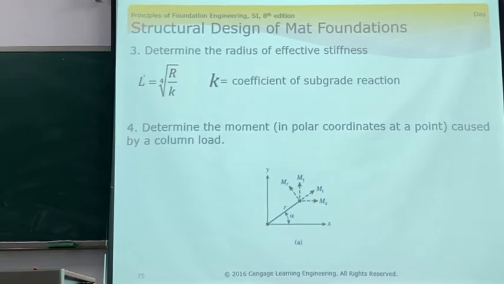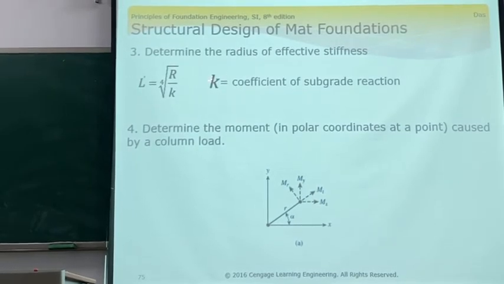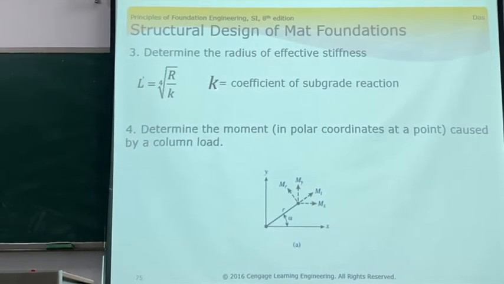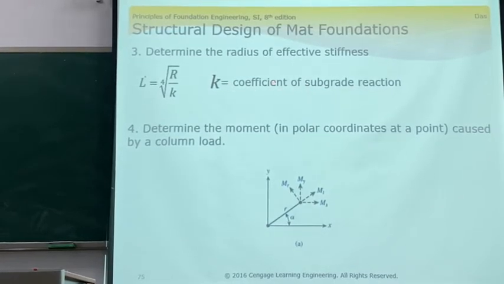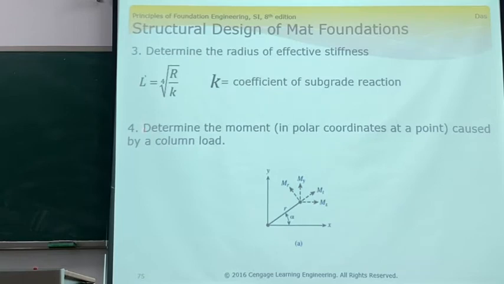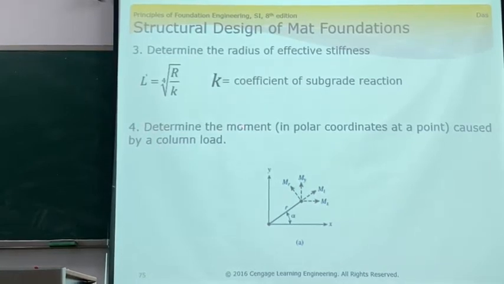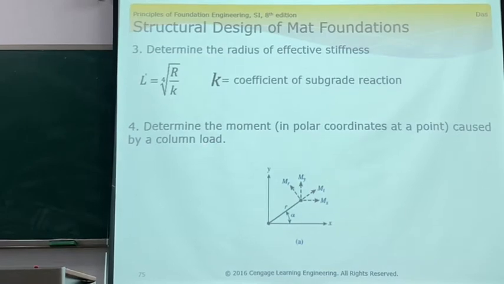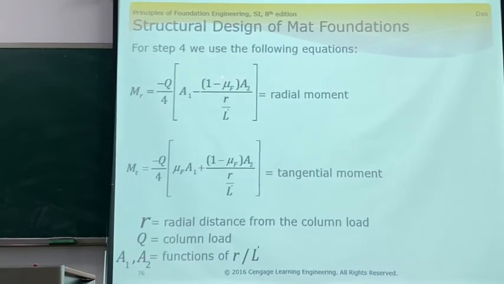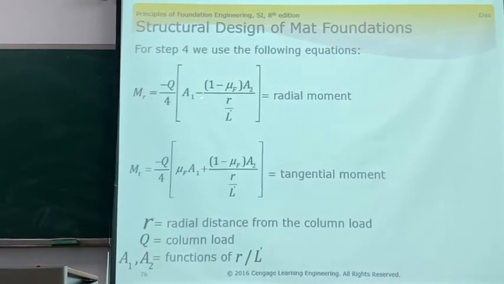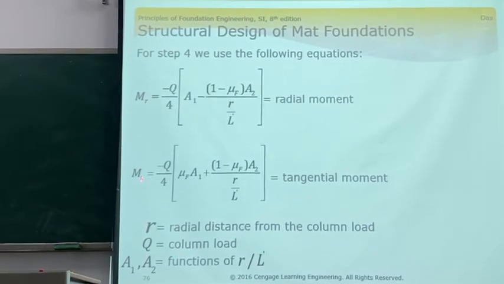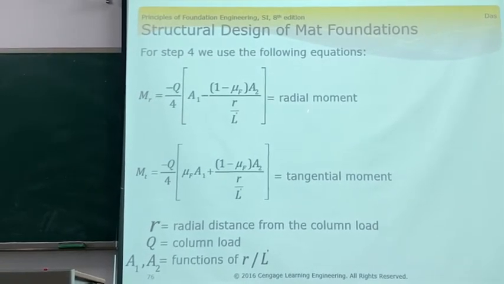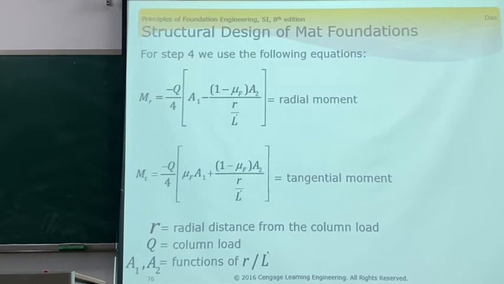Then determine the radius of effective stiffness, using this k converted from the ACI code and so on. And step 4 is to determine the moment. The moment is caused by the column loads. For this step, we use the following equation, using Mr and Mt for the radial moment and tangential moment.